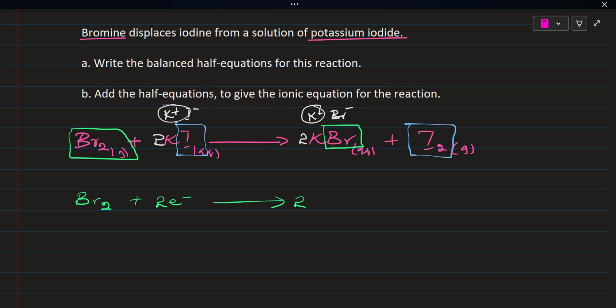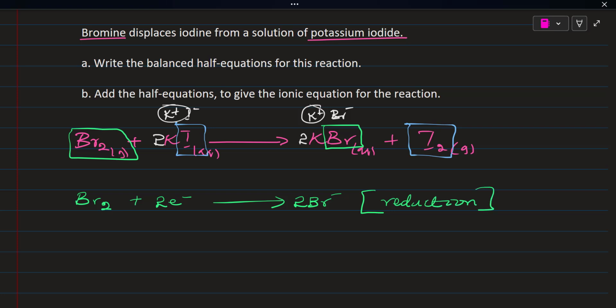How many of them? 2 Br minus, because of this 2 here. This is 2 bromine atoms gaining 2 electrons, so definitely we are going to get 2 bromide ions. That is why we have 2 on both sides. And this is gain of electrons. This is reduction.